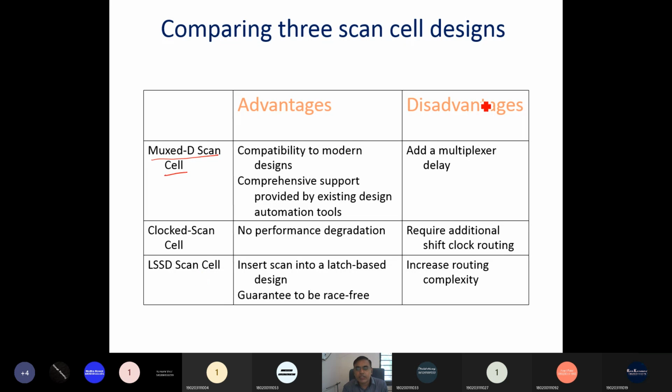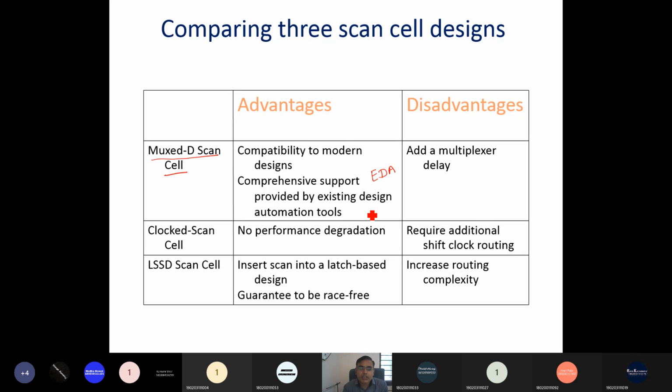Now let's see the advantages and disadvantages in a comparison of the three scan cells. The advantage of the MUX-D scan cell is that it is compatible with modern design, and the greatest advantage is the comprehensive support provided by existing automatic tools, meaning an EDA tool is available which can identify the storage elements from the RTL code itself, then modify the RTL code and convert our design into a scannable design.